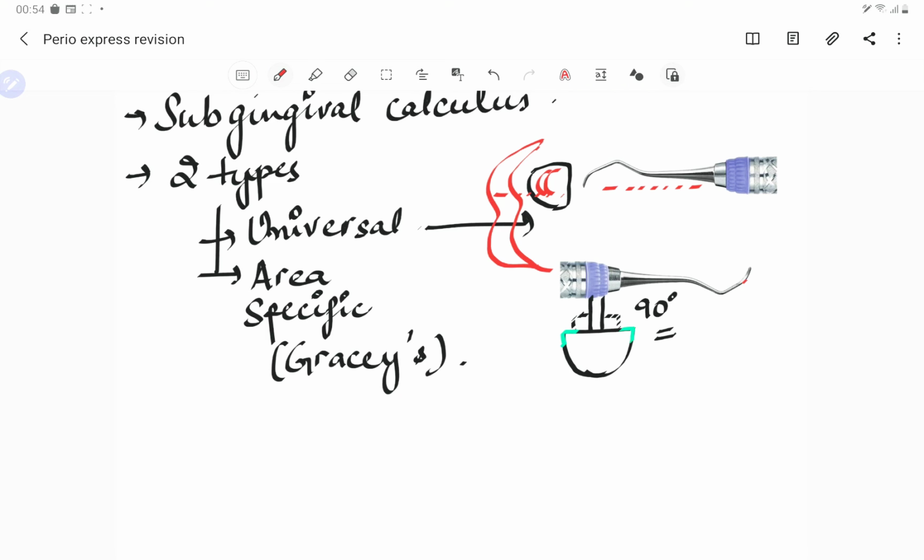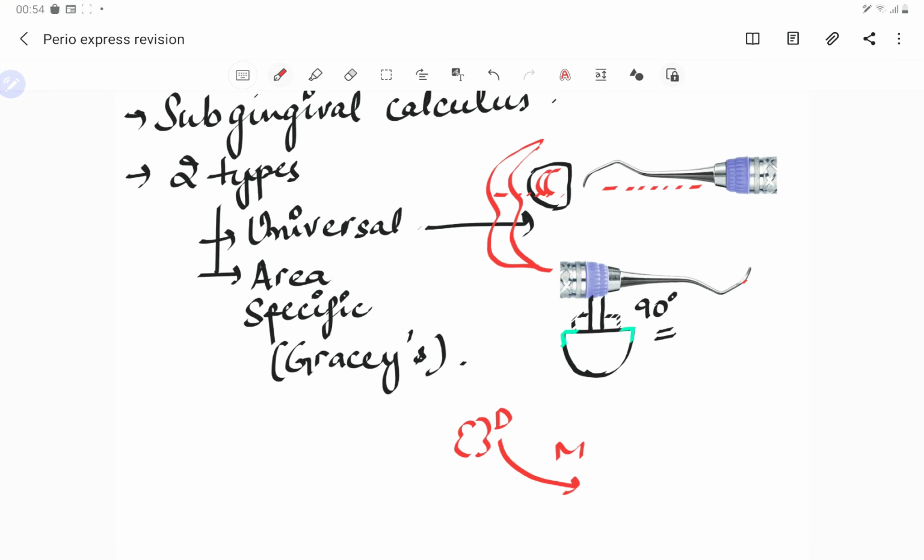Then we switch the working ends and repeat for the surfaces away from us. Likewise, we use the posterior universal curette. For the posterior, we go from the distal surface of the last posterior tooth towards the mesial surface, like this.